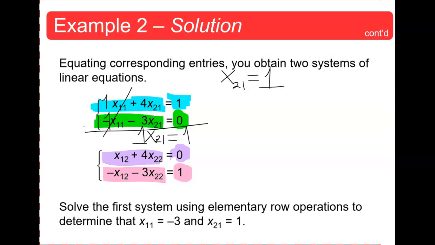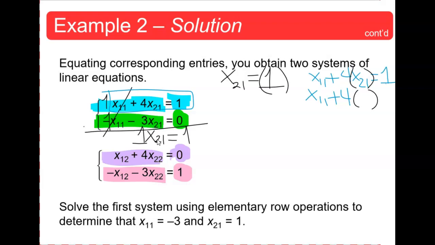Now, if I take this equation here, x sub 1,1 plus 4 x sub 2,1 is equal to 1, I can substitute the number that I got on the previous one. And so we will have x sub 1,1 plus 4 times that numerical value, which is 1.